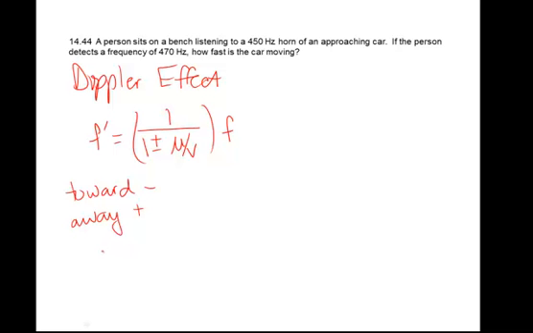So this frequency is the new frequency that we hear, and we detect a frequency of 470. And mu is going to be how fast the object is traveling, and v is the speed of sound in air, which is 343.